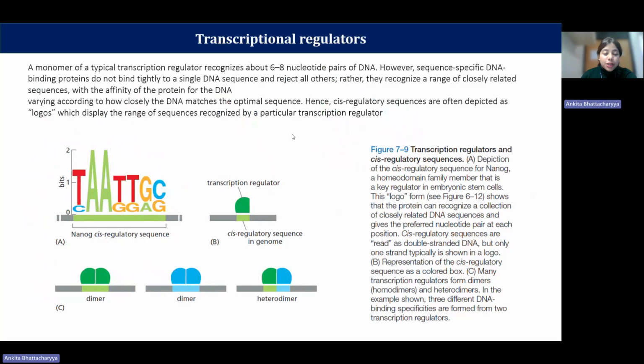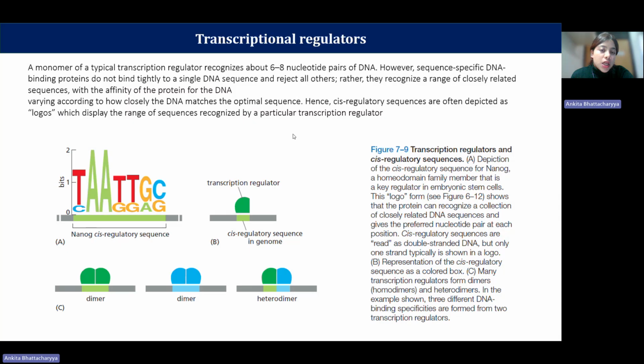And then we talked about transcriptional regulators. A monomer of a typical transcriptional regulator recognizes around 6 to 8 base pairs of DNA. However, sequence-specific proteins do not bind tightly to a single DNA sequence and reject all others. Rather, they recognize a range of closely related sequences with varying affinity for the protein.